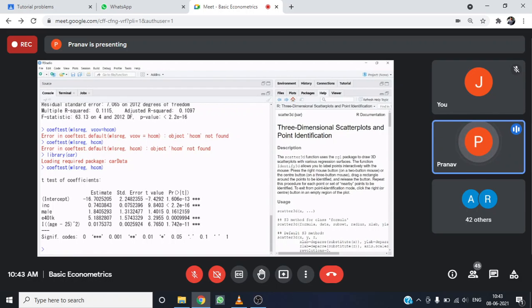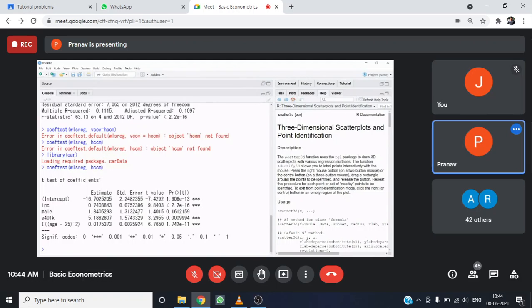And why I'm saying this, because when you divide the errors by the weights, you make the errors homoscedastic, isn't it? So even if you use WLS, I encourage you to always run a test of coefficient using the corrected standard error matrices. That is your White's heteroscedasticity consistent standard error.